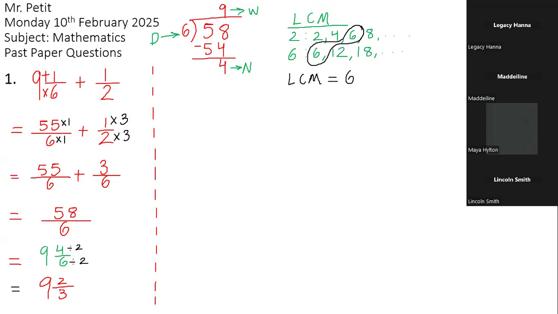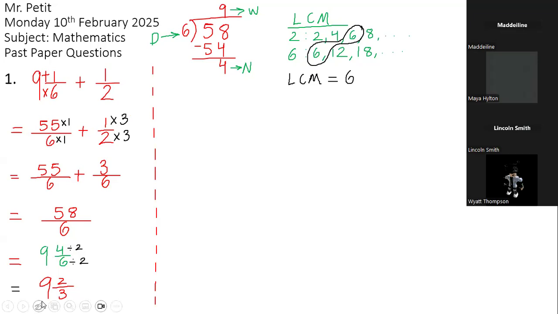Kylie, do you understand how I got 9 and 2 over 3? Explain how I got 9 and 2 over 3, from the top. I wasn't here for that. I just came. Okay, that's why I asked you if you understand how I got it.